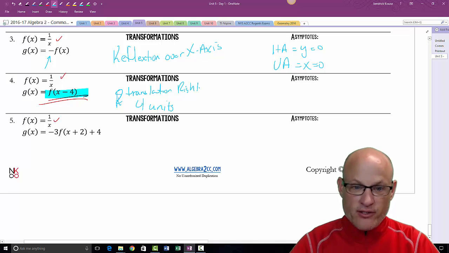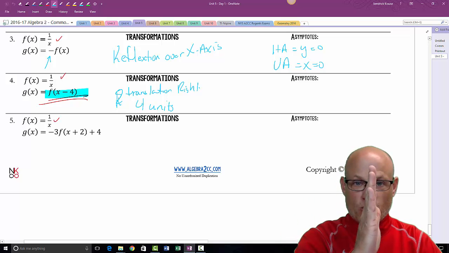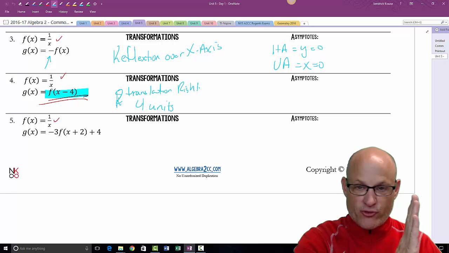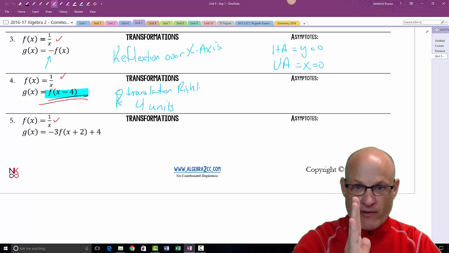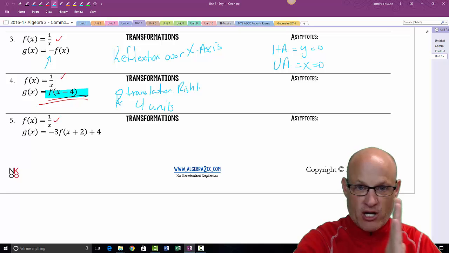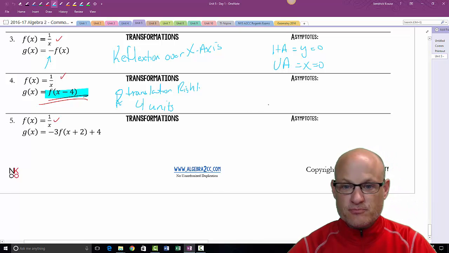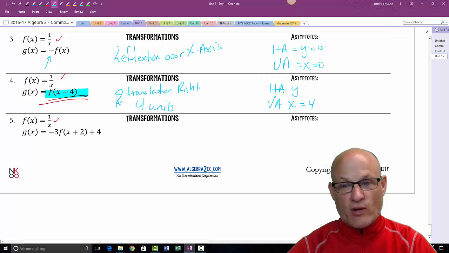So if I'm going right 4 units, what's changing? My vertical asymptote. My vertical asymptote used to be x equals 0. Now it moved to the right 4 units. That means my new vertical asymptote is going to be x equals 4. My horizontal asymptote didn't change. It didn't go up or down, so it's just y equals 0.